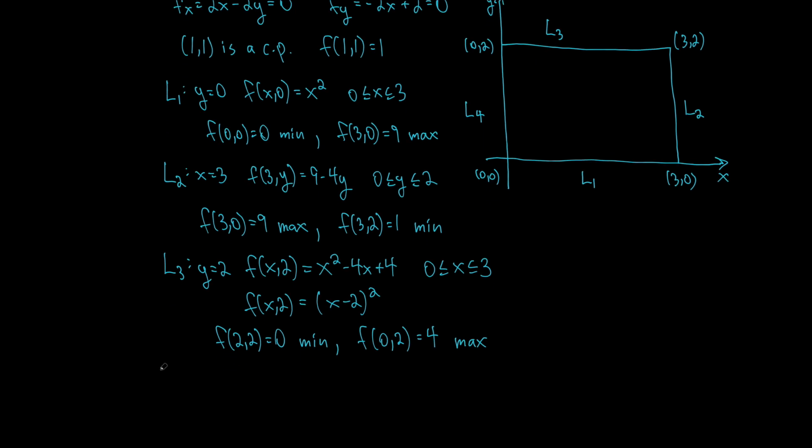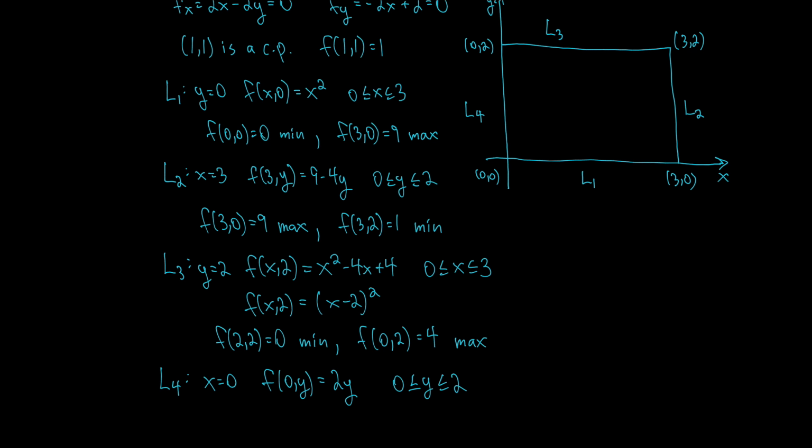Alright, one more line. We've got L4 now, where x is 0 because this is where we are. And we're looking at f of (0, y), which is 2y, and y goes between 0 and 2 again.